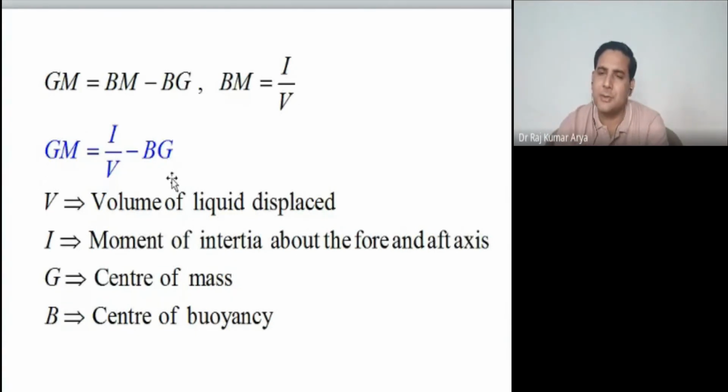So GM needs to be calculated first, and based on that you will calculate whether it is positive or not. It should be as positive as possible to make it a stable equilibrium condition in case it should travel on water or float.